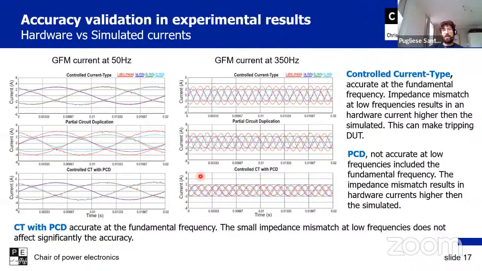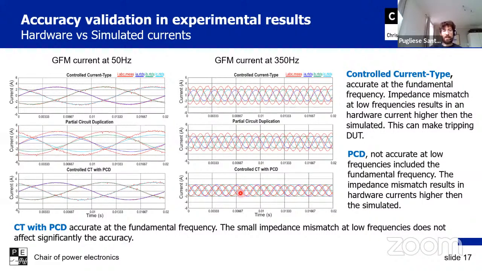But we said that we are interested also in higher frequency. So here we had an example at 350 Hertz, where we see that the first two methods are not accurate in representing the model. The real-time simulation current and the hardware current did not match.